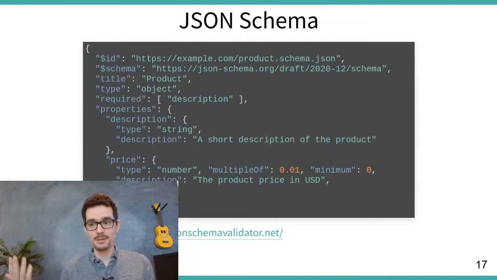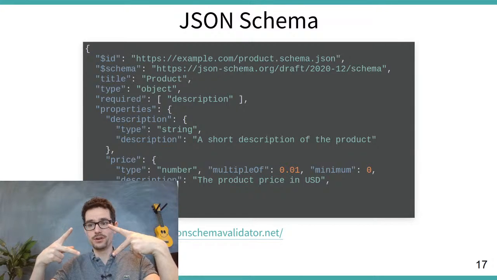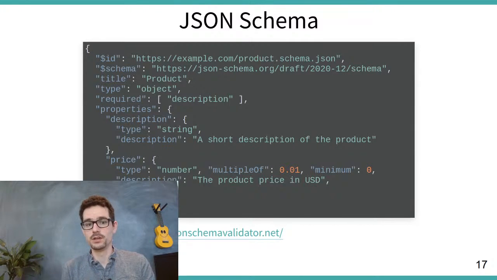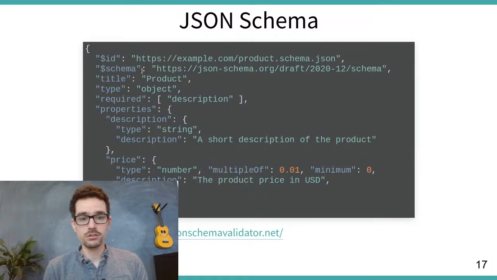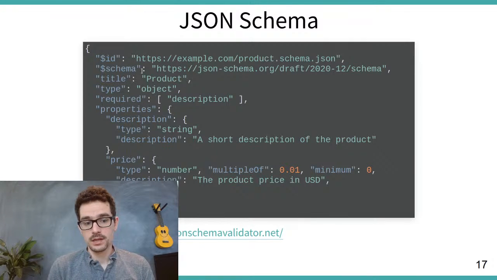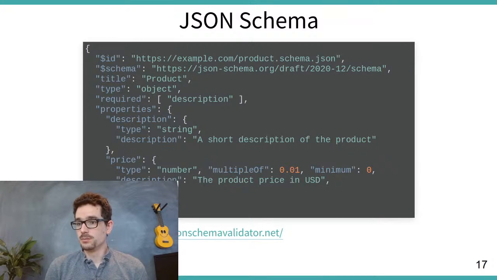So an XML document is well-formed when every element closes and so on. And a JSON document is well-formed when you use the closing curly bracket when you open one and so on. But now we will talk about validity. When is a JSON document valid? A JSON document is valid when it matches a JSON schema.